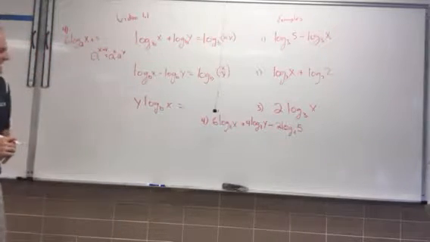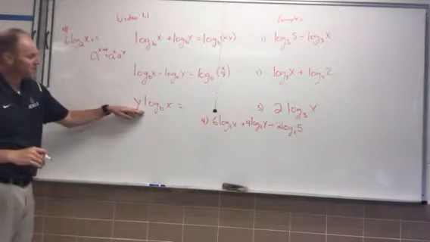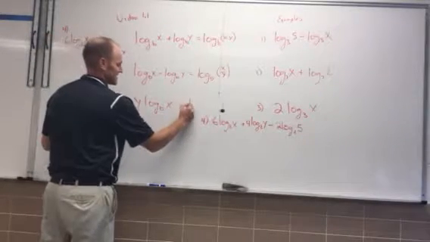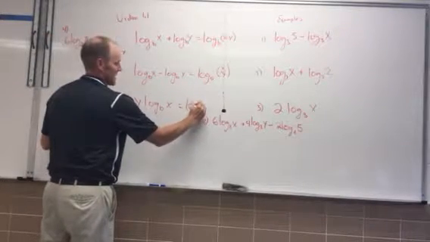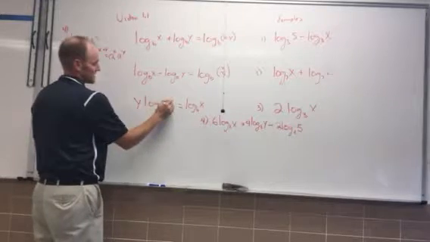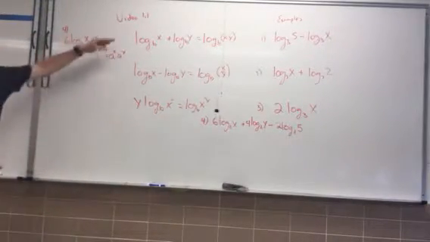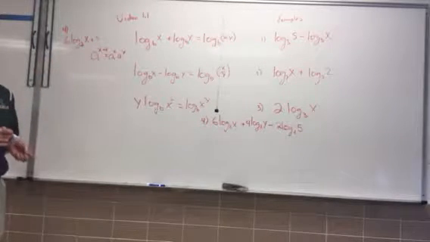And finally, this last property is anytime you have a value multiplied in front of a log, you can condense this and say that this is the same as log base b of x, and you move this up here and put it as an exponent on x. All right, so these are basically our three ways of condensing.